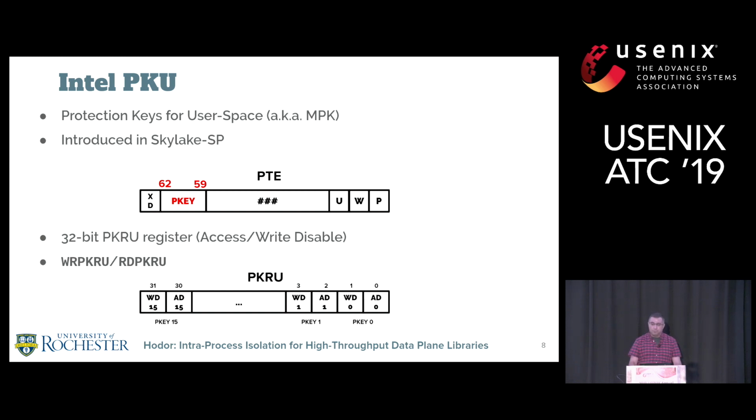It introduces 4 previously unused bits in the page table structure called PKey to identify which domain a page belongs to, and the 32-bit register called PKRU to disable access or write to each of the 16 domains indicated by this PKey. It also introduces 2 unprivileged instructions for reading and writing to the PKRU register.